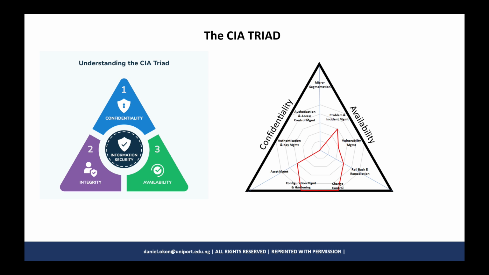The person does not see this, and you have failed that question. So if we say CIA triangle, please, it is simply confidentiality, availability, and integrity. That is all about the CIA triangle.